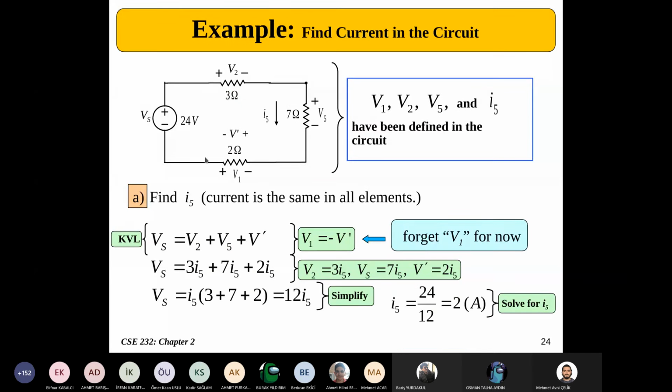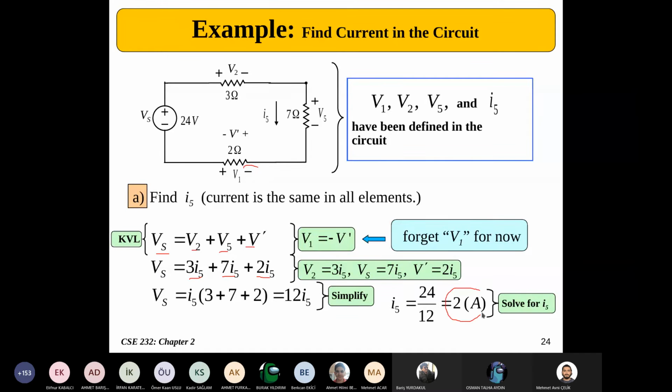For the first one, just use Kirchhoff's voltage law. I know it's kind of easy, but it's easier for me to explain it this way. The Vs is equal to plus V2 plus V5 minus V1. That is, this one is 3 times I5, that one is 7 times I5, and that one is 2 times I5.